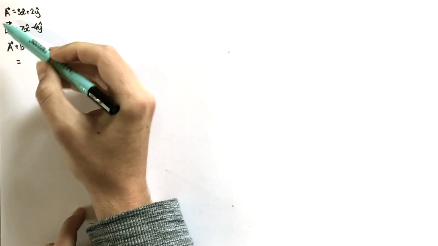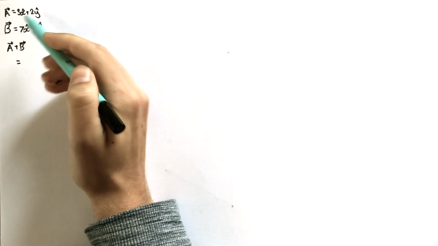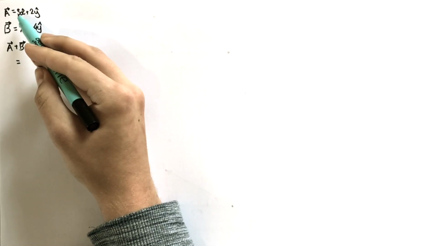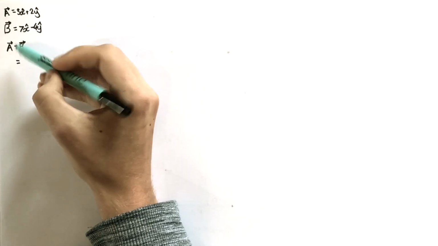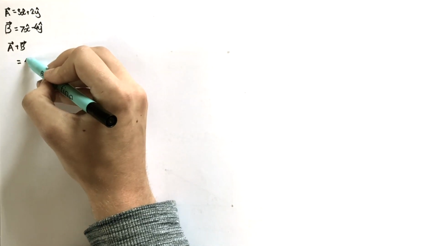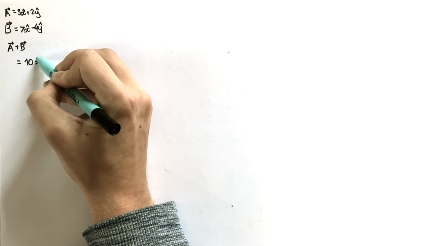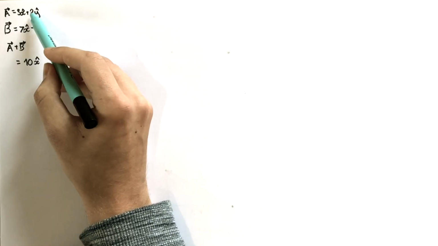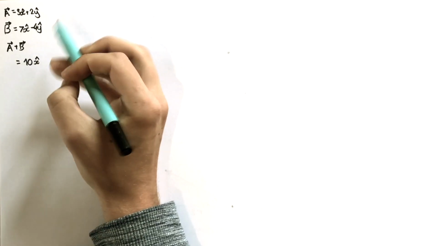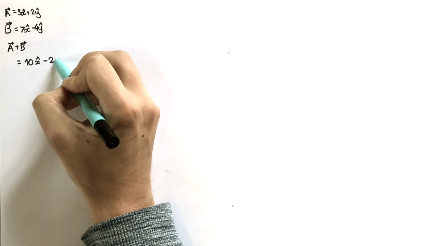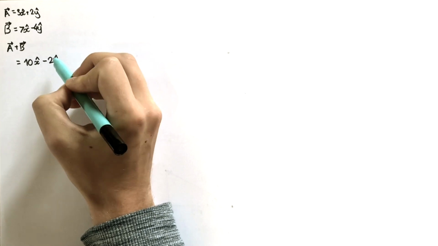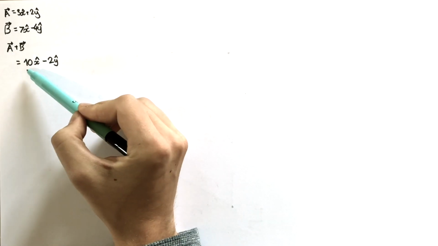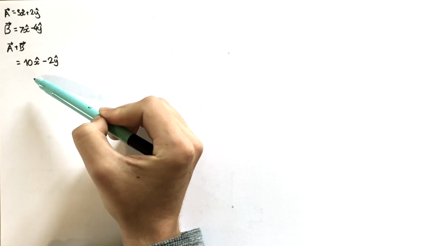We simply have to add the x components and add the y components. So 3x hat plus 7x hat is 10x hat. And then add the y components. This, of course, is negative, so we have 2y hat minus 4y hat, which is minus 2y hat. That is the vector a plus b.